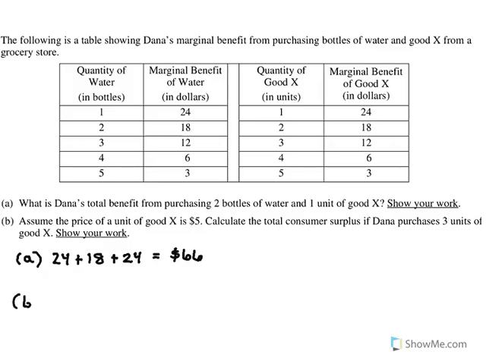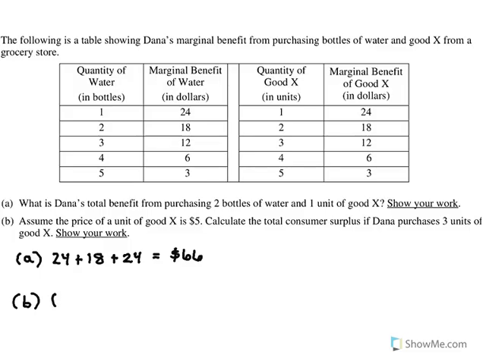On to B. B says, assume the price of a unit of good X is $5, calculate the total consumer surplus if Dana purchases 3 units of good X, and show your work. For this one, we need to recognize that consumer surplus is the difference between what I am willing to pay and what I actually pay. What I'm willing to pay is the marginal benefit.